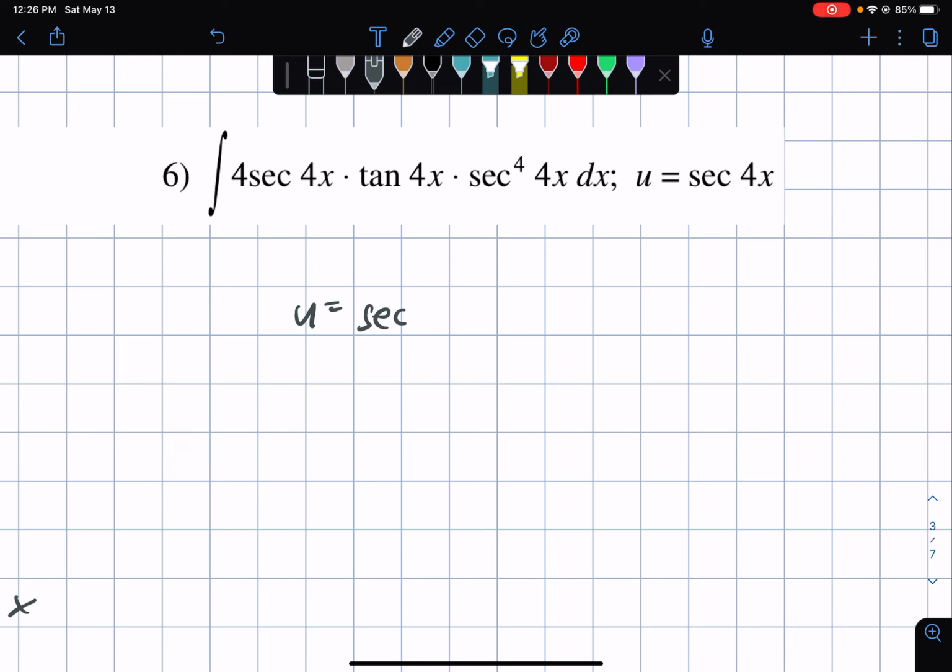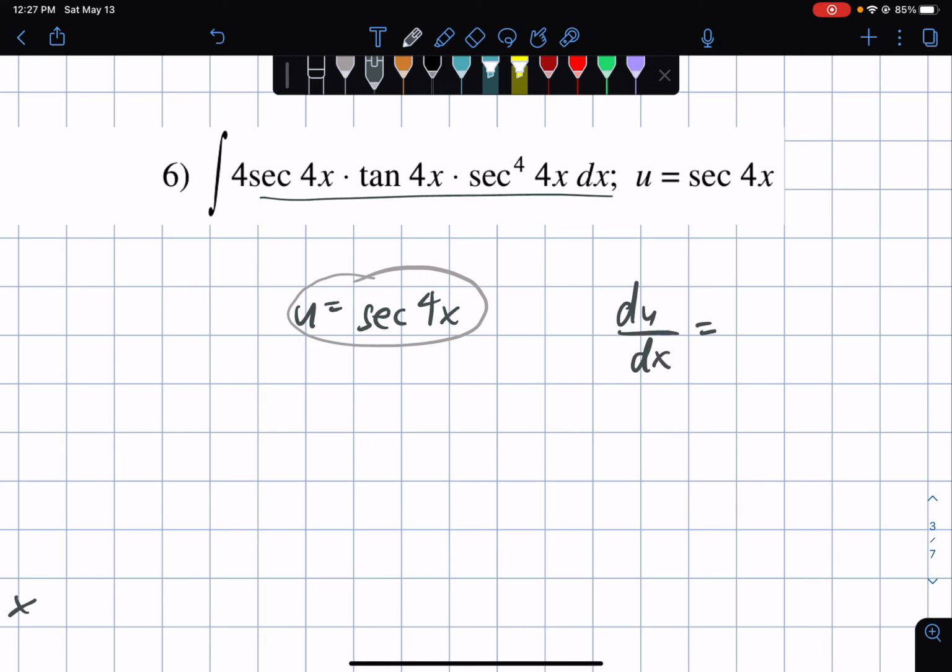Sorry. Okay, I'm not sure which one is supposed to be u, but I'm glad that there's already something provided. Yeah, okay, let's just go with secant 4x. I can't guarantee why. I can't explain that.